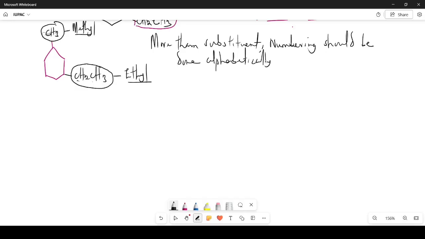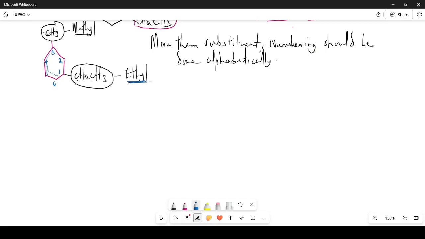So how do I mean here? If you want to number here now, because this one is E, you know that alphabetically E comes before M. So you start numbering from here. However, you don't go like this, because if you go like this, it's going to take a higher number. So you number like this: 1, 2, 3, 4, 5, and this place becomes 6.